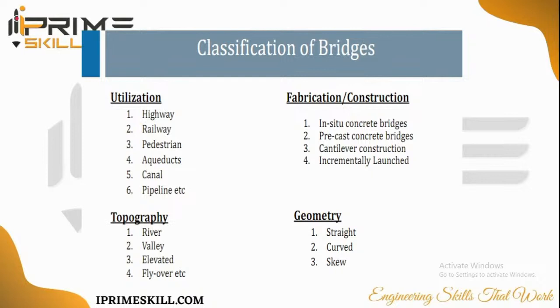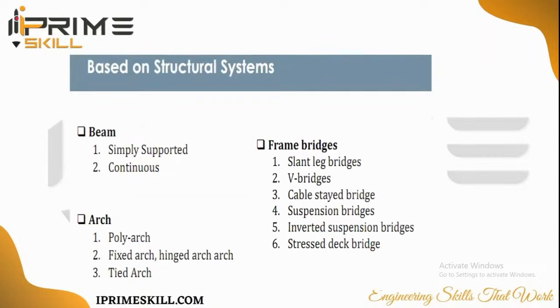on the geometry. And based on the structural systems, like beams, you have simply supported and continuous bridges. When you talk about a frame bridge, we have V bridges, cable stayed bridges, suspension bridges, then arch bridge. We have a lot of different types of arches: fixed arch, hinged arch, tied arch.